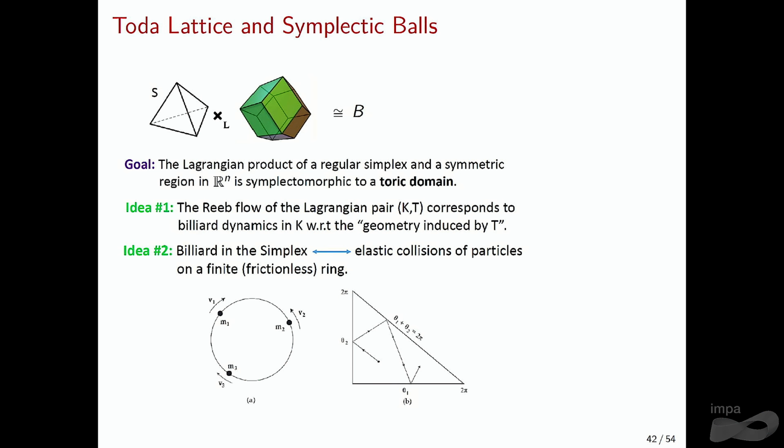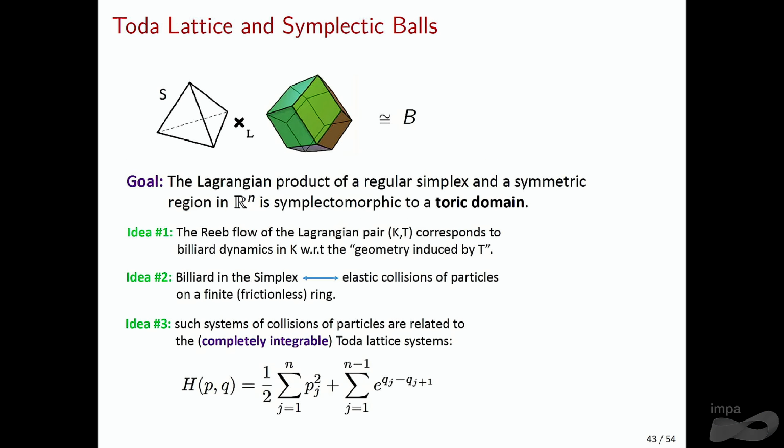And from here, you are almost at the Toda lattice. So such systems of collisions are exactly the dynamical system that was studied by Toda, and this is one of the models of the Toda lattice dynamical system.